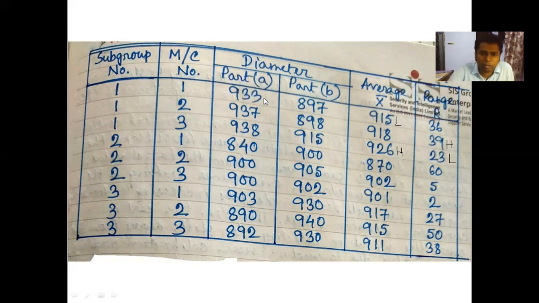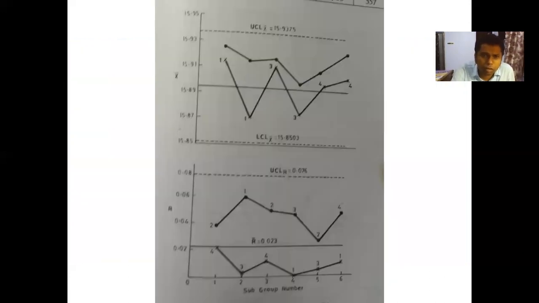So you will get 15.89, a little bit more than 15.89.